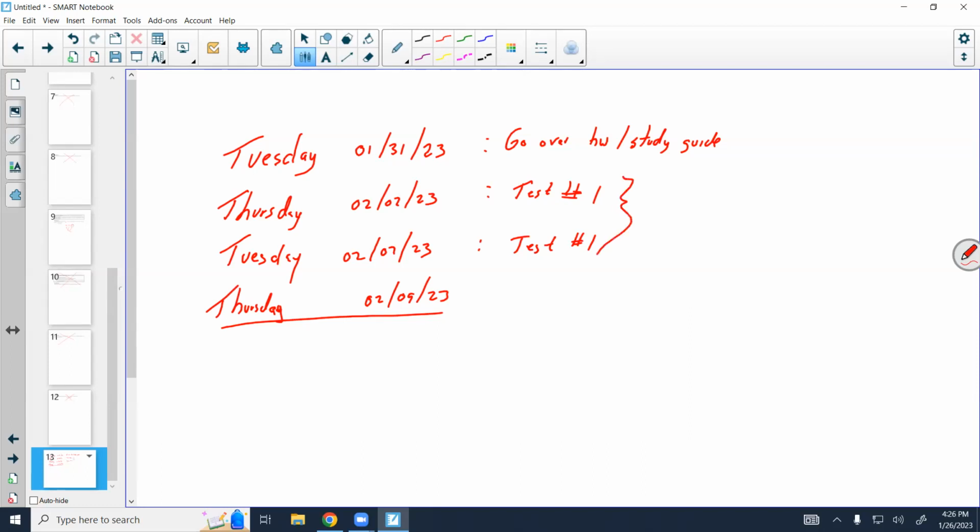What I mean by this is you can take the exam on Thursday, the 2nd, or Tuesday, the 7th. If you come and take it on Thursday, the 2nd, you don't have to be here Tuesday, the 7th. If you think you need more time, you can wait till Tuesday to take it. You just have to be here one of those 2 days to take the exam in class.